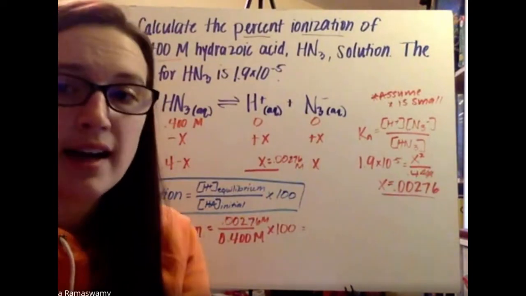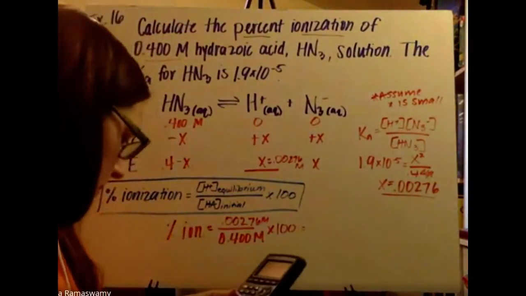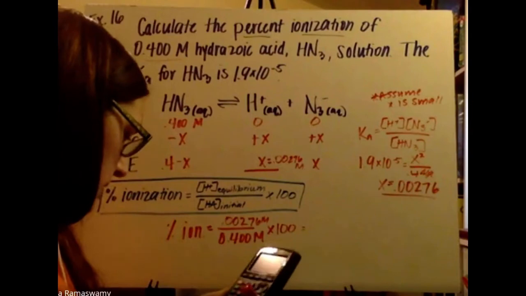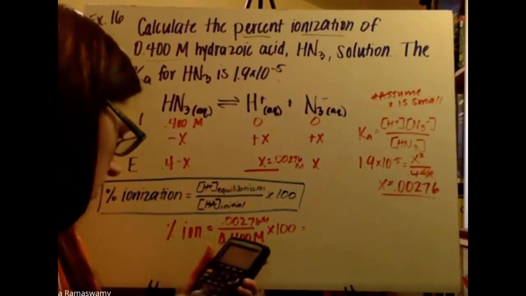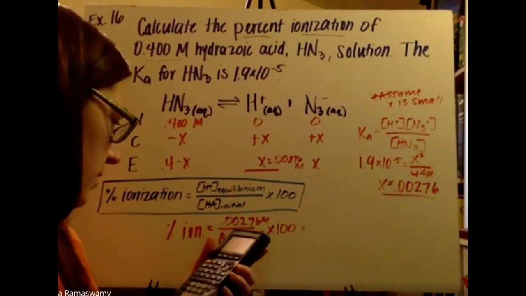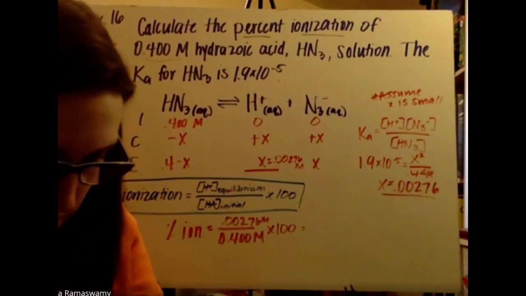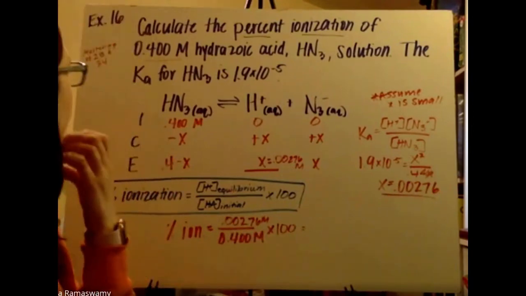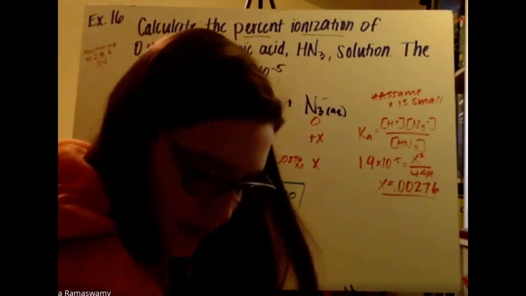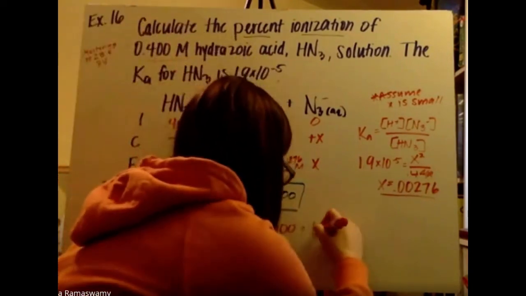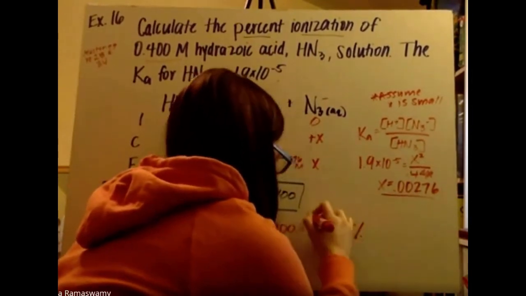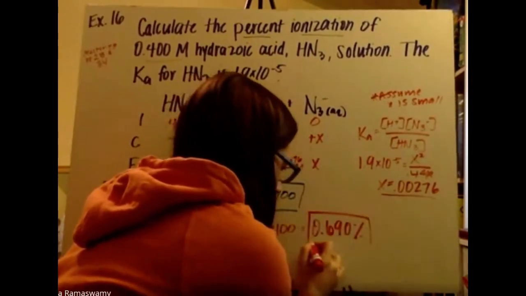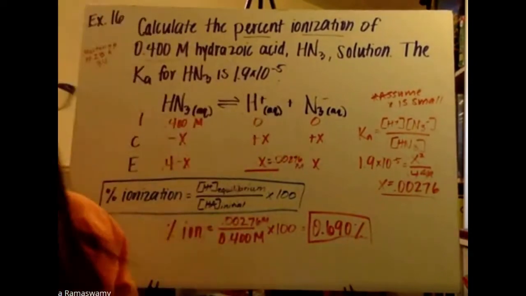That's percent ionization. So I'm going to do 0.00276 divided by 0.4 and multiply by 100. I guess if we keep 3 sig figs, 0.690 percent. Percent ionization has the units of percent.